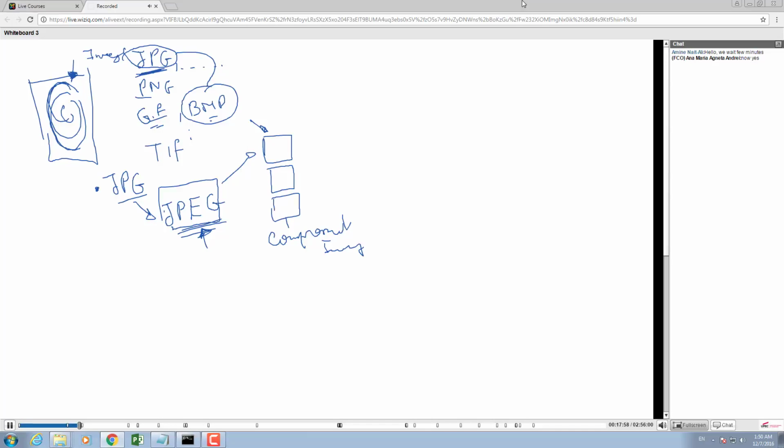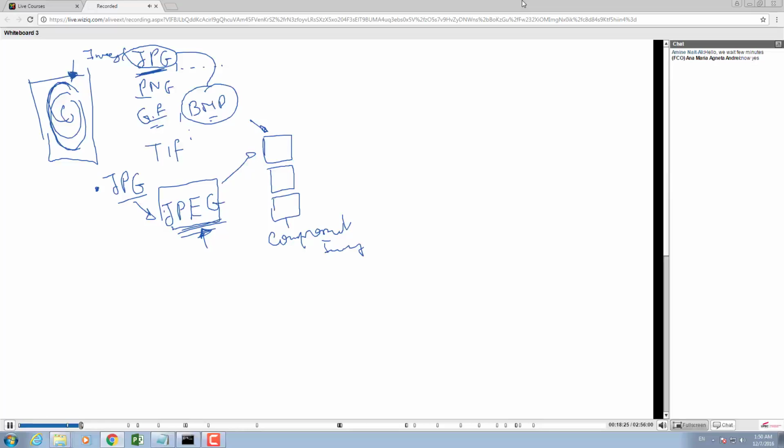You have to understand something. The more you compress, the more you lose data or you distort the information. That's why you should be careful when you compress the image. Very often we say, okay, it's good to compress because I will have much more space to store the information.